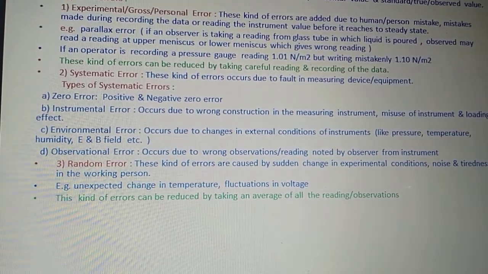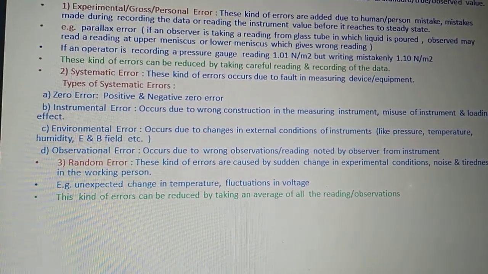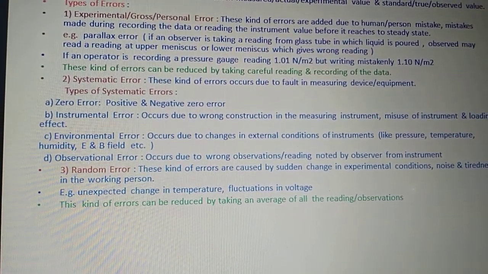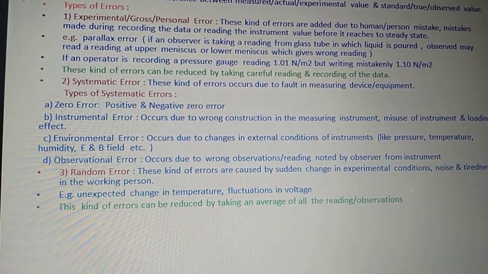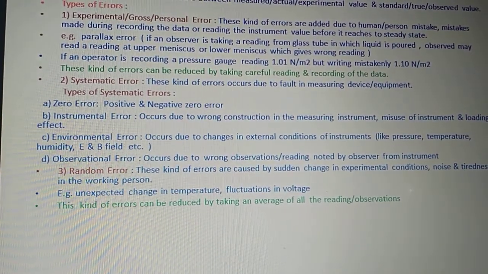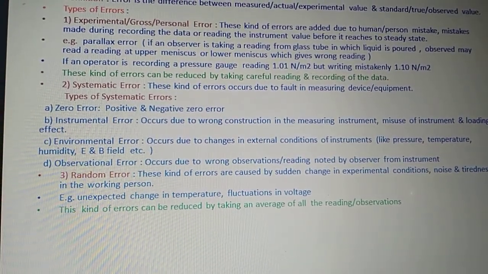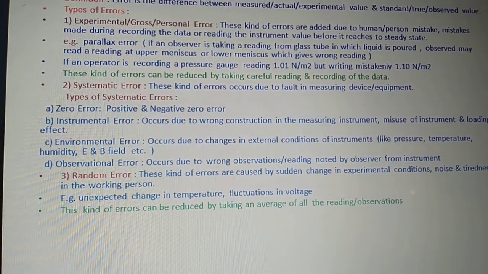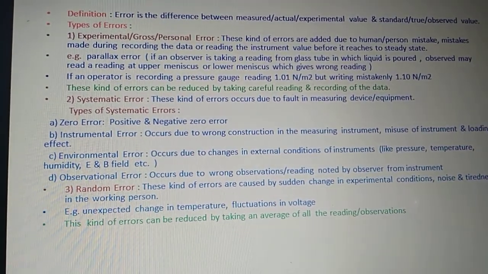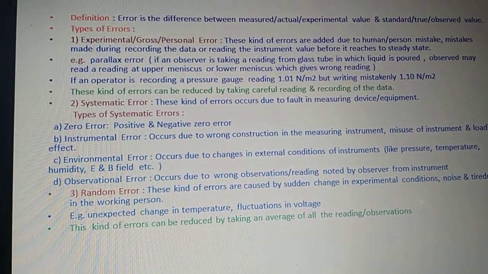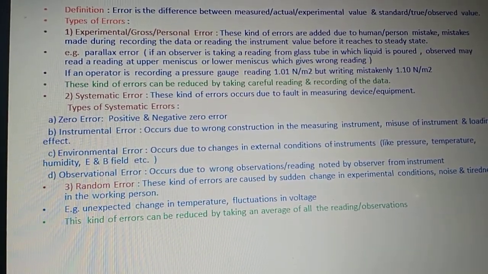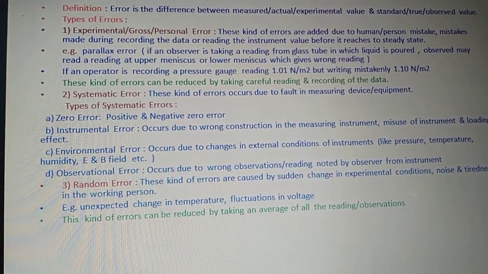Suppose water is poured in the glass tube, and the observer may read at the upper meniscus or the lower meniscus, but because of observing at the upper meniscus and lower meniscus simultaneously, the observer may read a wrong reading, and those wrong readings are only because of the person's mistakes, and that mistake is called a personal error or experimental error or a gross error.